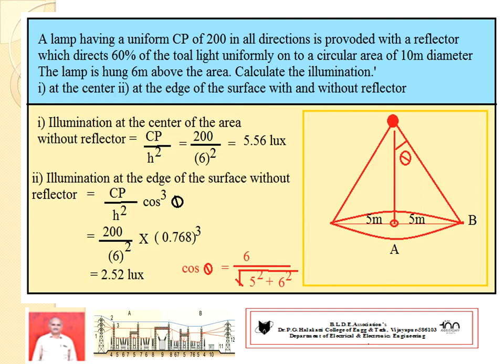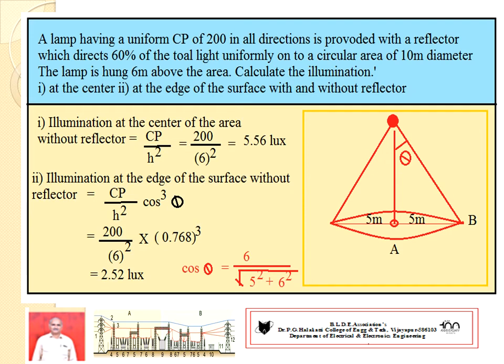Candle power is given as 200, vertical height is h, 5.56 lux. Illumination at the edge of the surface without reflector, again we have to use Cp by S square into cos cube theta. So calculate cos theta: vertical height h is 6, and the distance from lamp to B is under square root of 5 square plus 6 square.